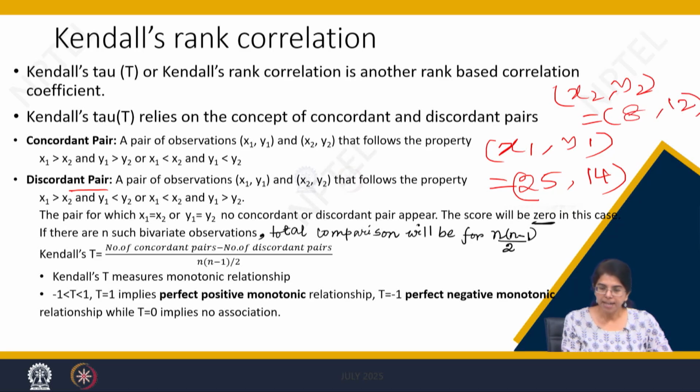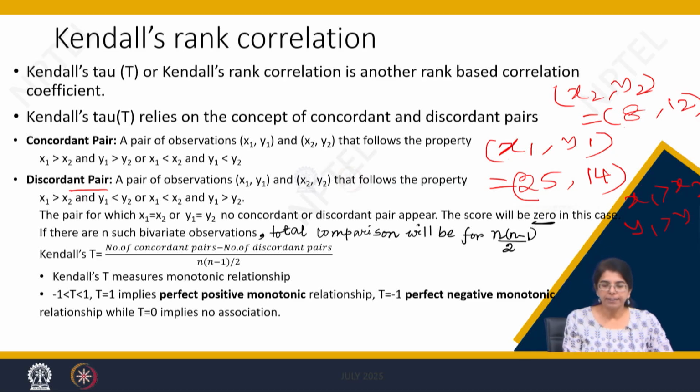Now you can see that x1 is bigger than x2, because x1 is 25 and x2 is 8, and y1 is 14 and it is also bigger than 12, y1 bigger than y2. So in this case, we will say that x1, y1 and x2, y2 are concordant pairs.